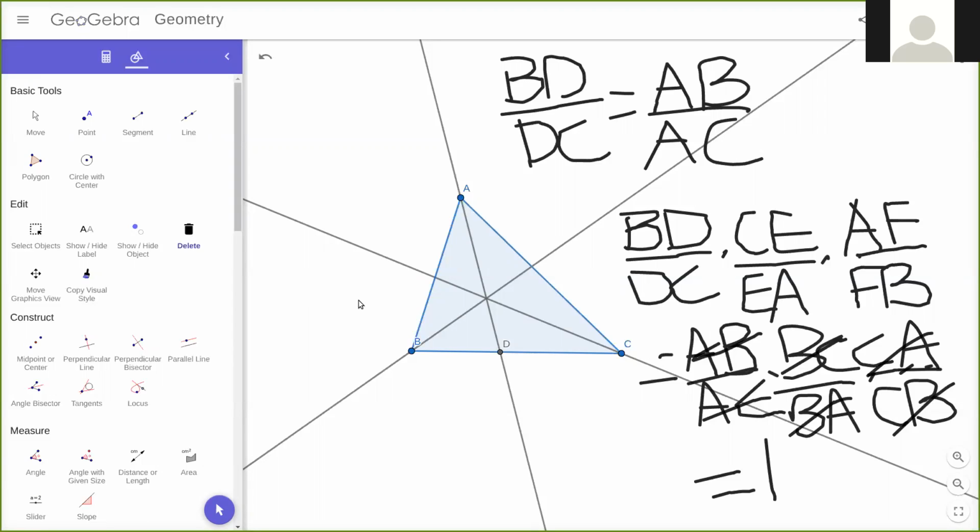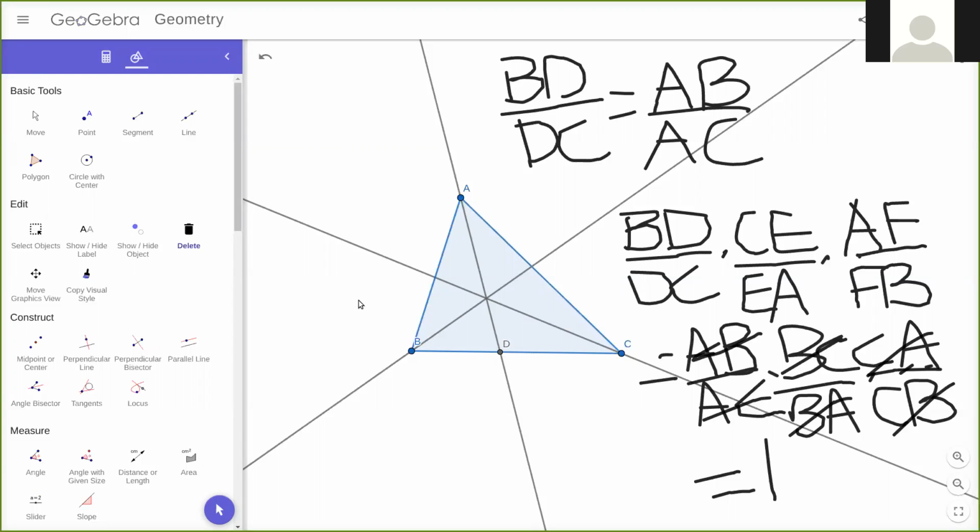The perpendicular line from A to BC, from B to CA, and from C to AB. The perpendicular lines, the altitudes. It's harder to show that those are concurrent because we don't have set ratios for the lengths. If we want to find out the lengths, we have to use the Pythagorean theorem. And that's just a hassle.